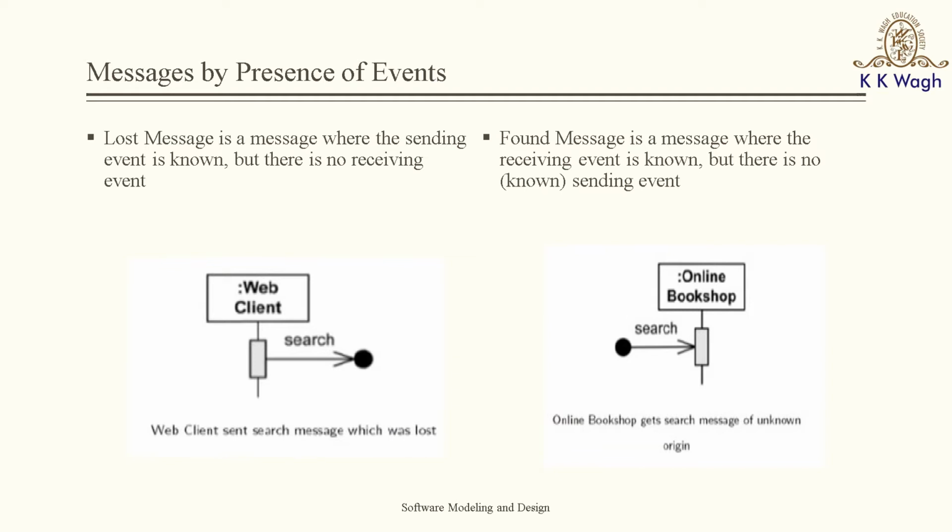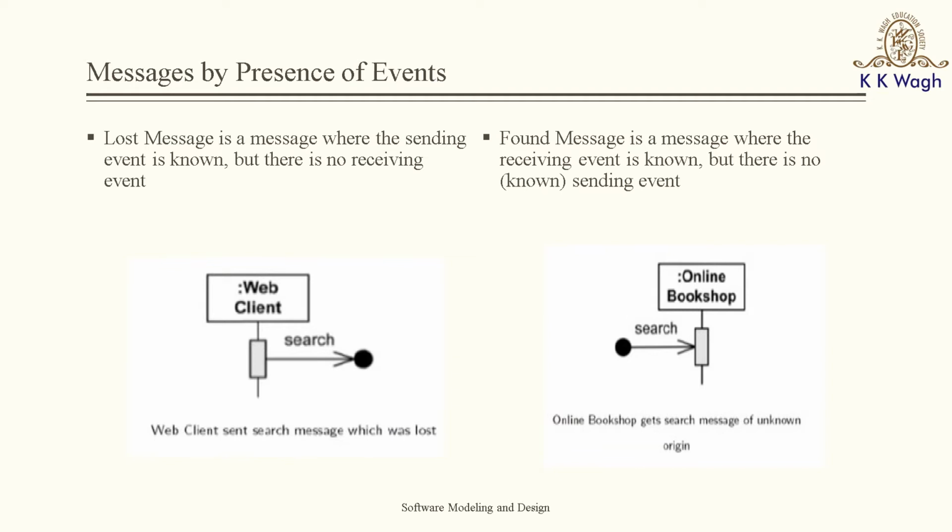For example, take the Google search engine: if you are searching for something on Google, and the result is not shown in your browser from the server, then it is called a lost message. This can be the example of a lost message.